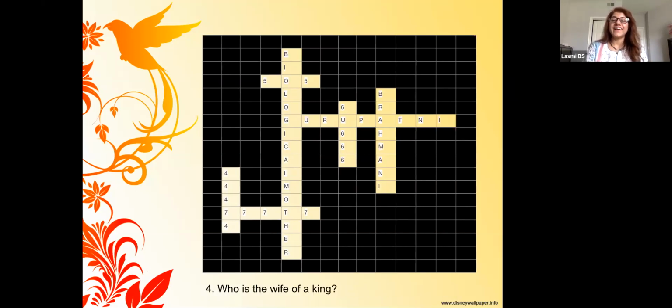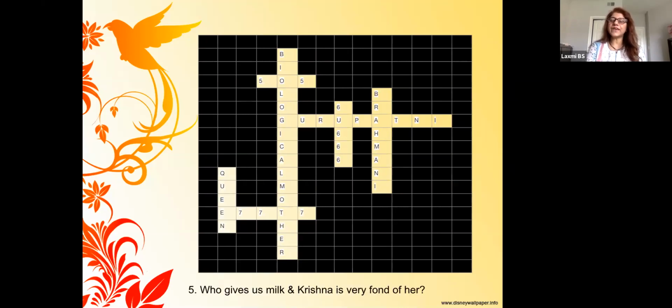Well done. That is the answer. You see on your screen, it is Brahmins. Okay, the fourth question is, who is the wife of a king? Yes, you're right. It is Rajpatni or queen. So we have queen here.